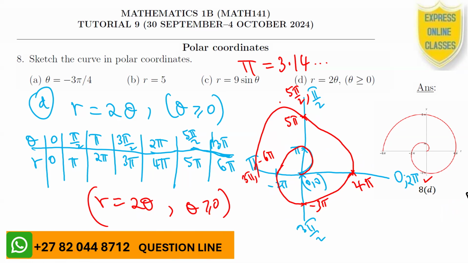So any question on this so far? Good. We've sketched a diagram, but our pi is 3.14.